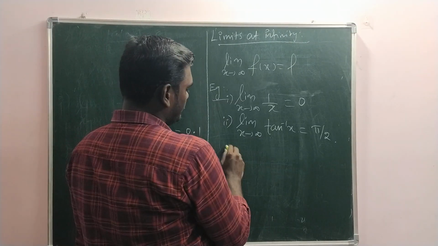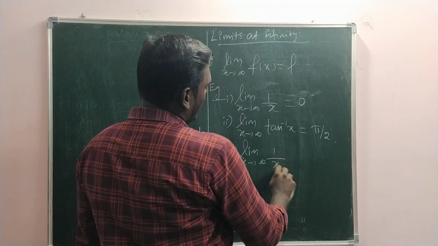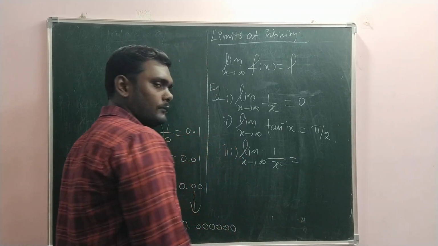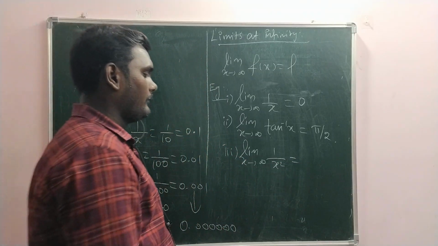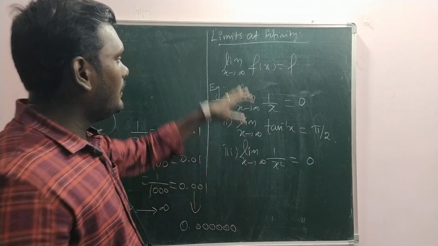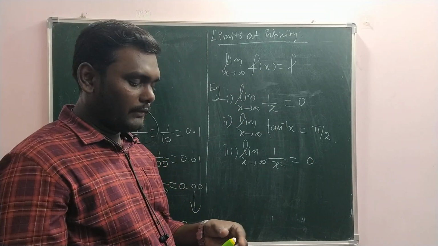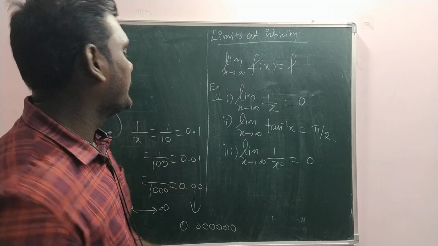And the same way, limit x tends to infinity, 1 by x square, that also will go to 0. So these are the values. That means x can approach infinity also. So limits at infinity: when x approaches infinity, what will be the limits?